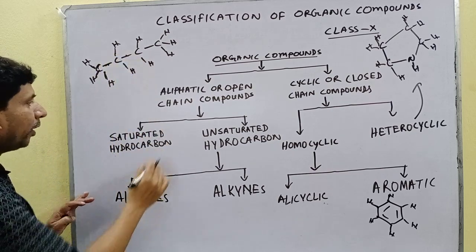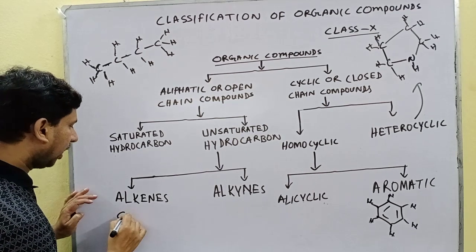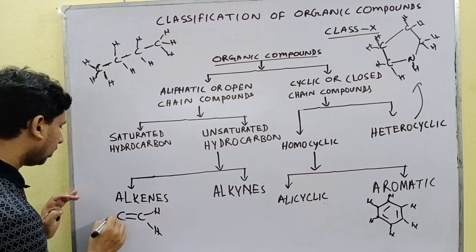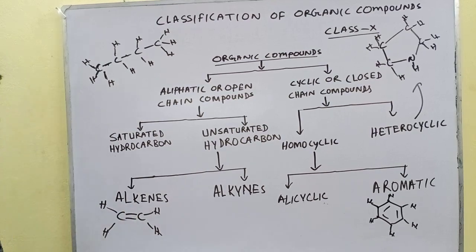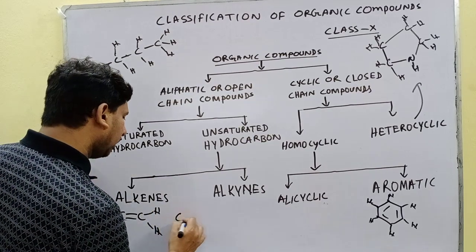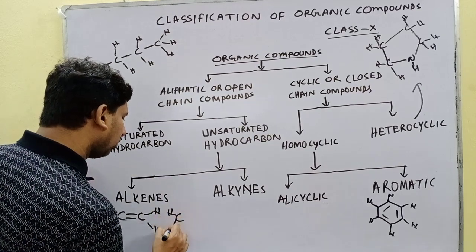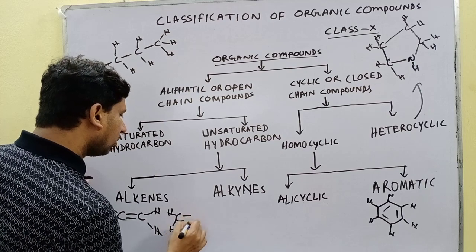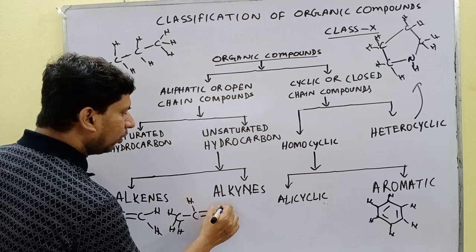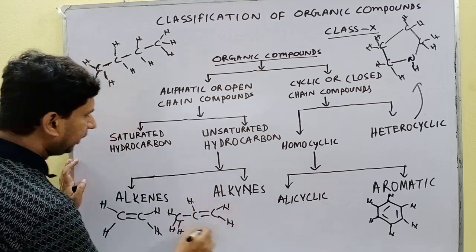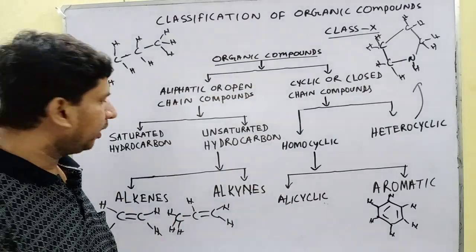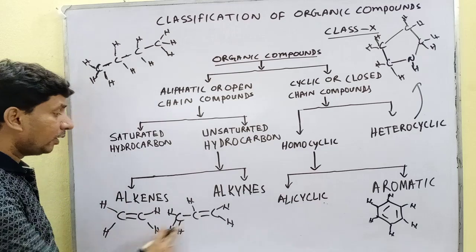And when it is unsaturated, that means a carbon-carbon double bond is there. Alkene means at least one carbon-carbon double bond must be contained in the compound. A double bond containing hydrocarbon is known as alkene.